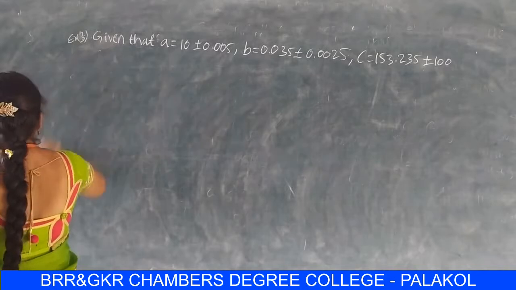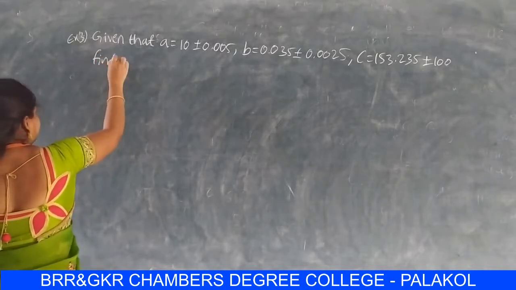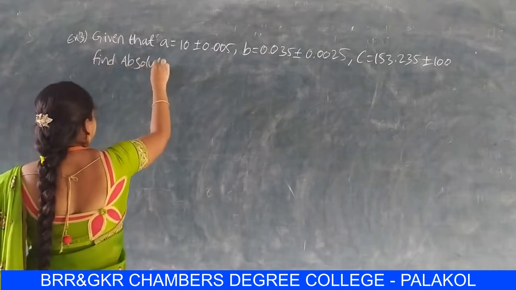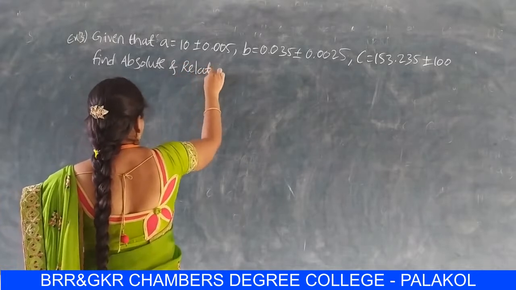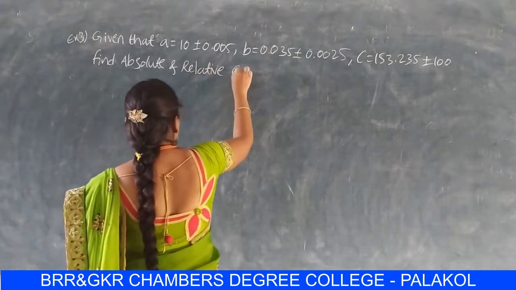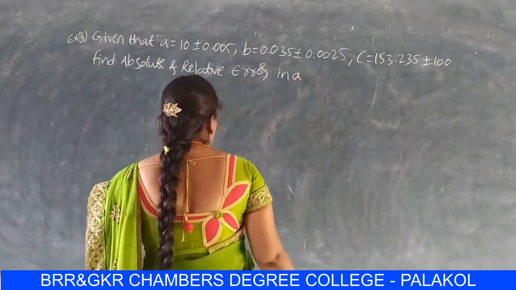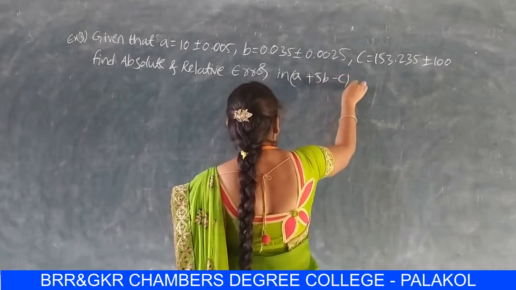Find the absolute error and relative error in A plus 5B minus C.